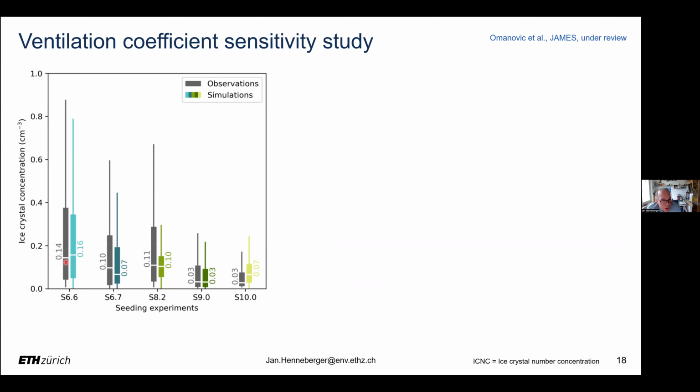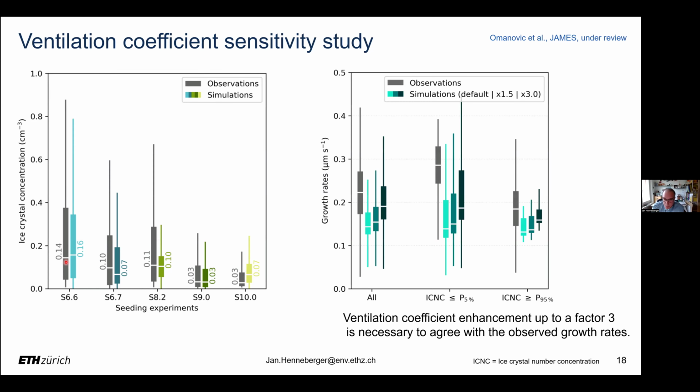And first we double check, can they produce the ice crystal concentration? And so yes, with this seeding, the model produces the same ice crystal concentration, but the ice crystals were smaller.